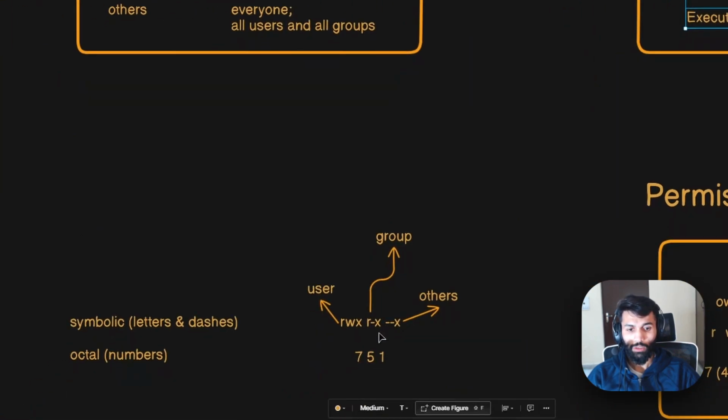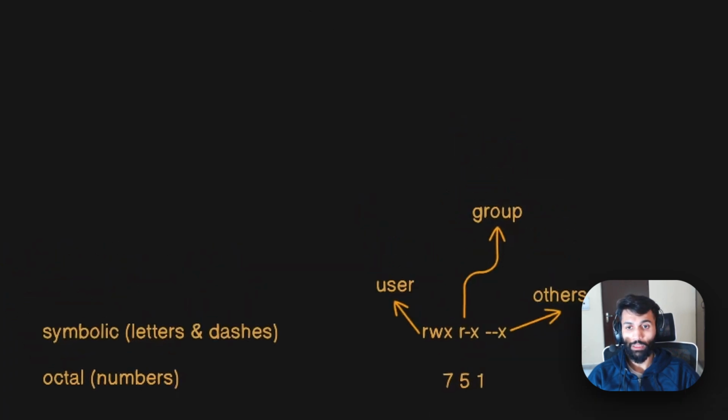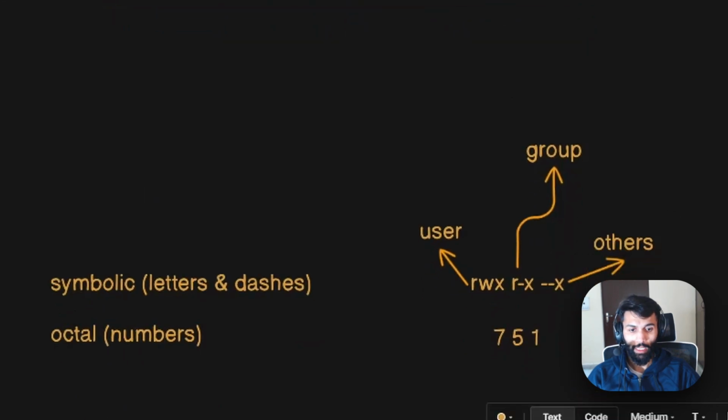But in here there is a dash instead of a W, which denotes that the group only has read and execute permission, and the dash denotes that there is no permission for write. Similarly, for the others permission class, we have only execute permission.